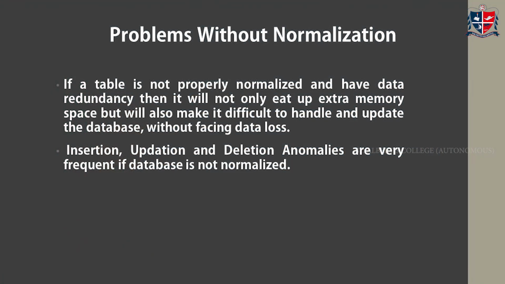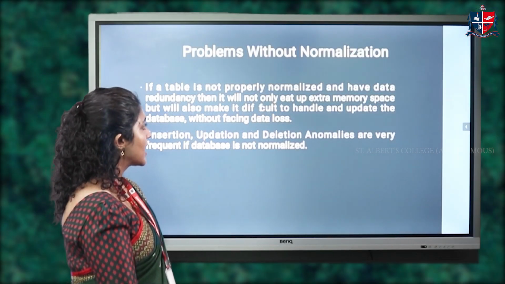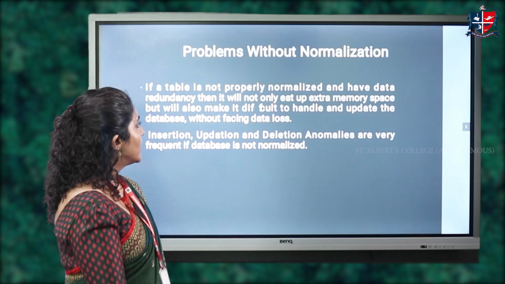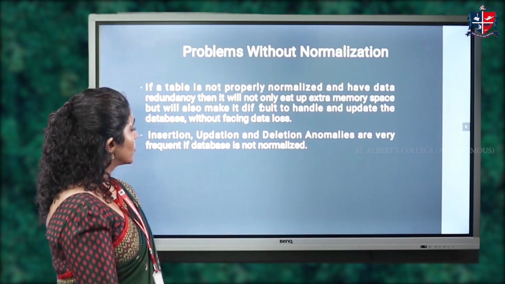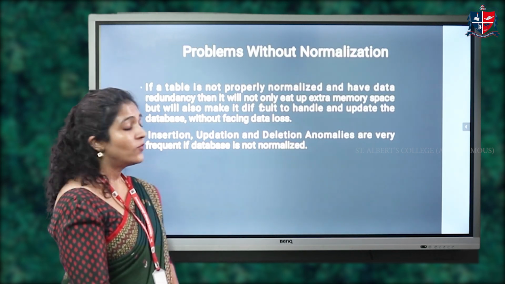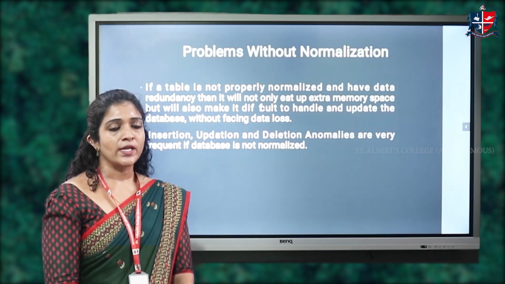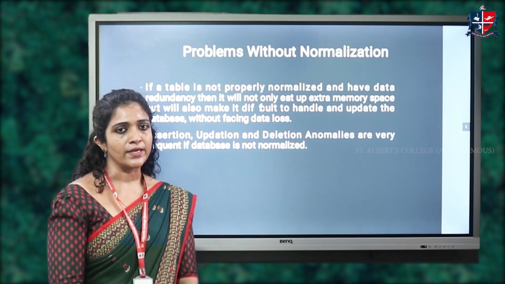Now we will discuss what the problems are without having normalization. If the table is not properly normalized and has data redundancy, then it will not only eat up extra memory space but will also make it difficult to handle and update the database without facing data loss. There are many problems if the data stored in a database is not normalized.